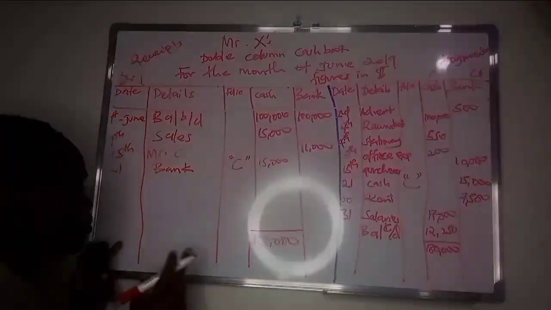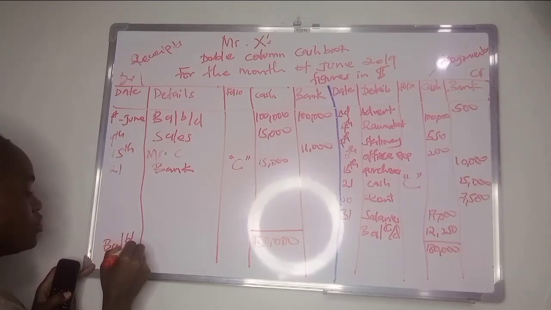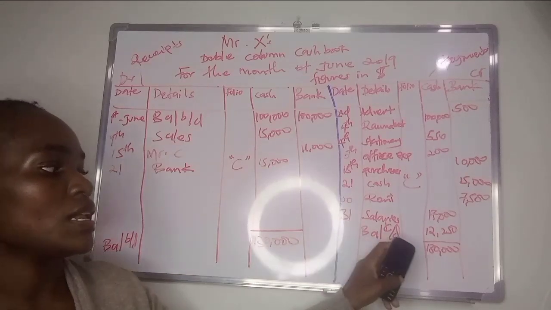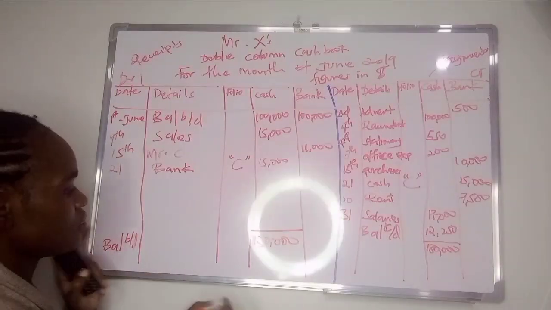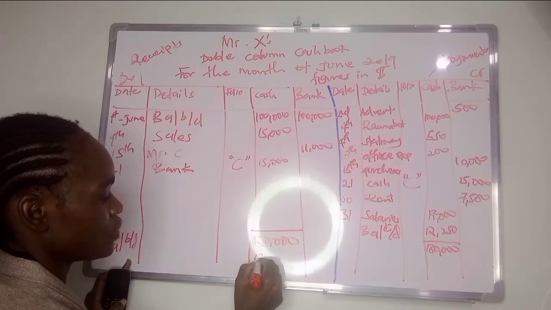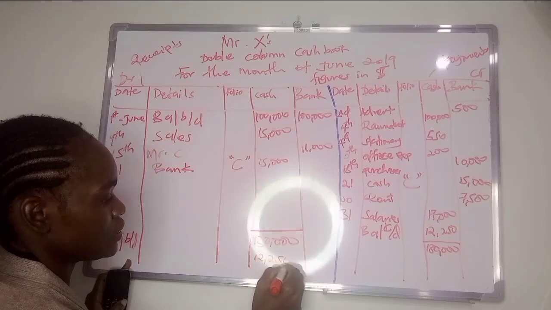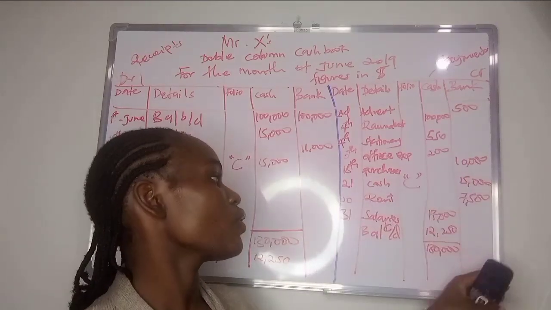Then we come down here and we write balance brought down. The closing balance will become the opening balance. Balance brought down, it will be 12,250, like that.